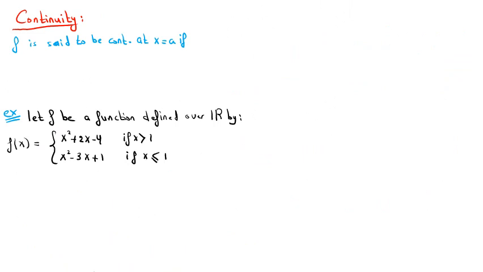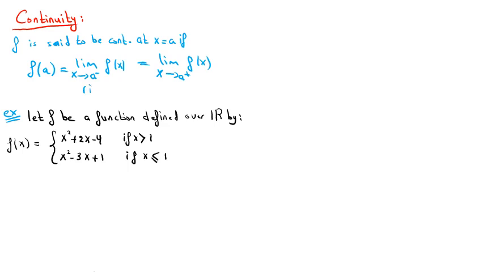Now we have continuity. F is said to be continuous at x equal to a if f of a equals the limit as x tends to a minus of f of x, equals the limit of f of x as x tends to a plus.